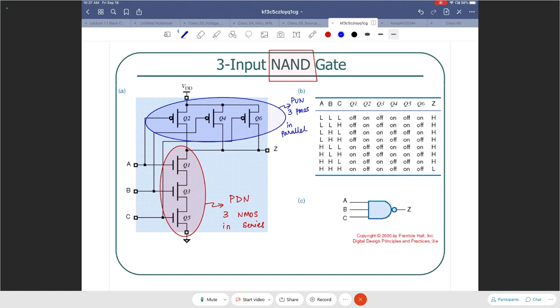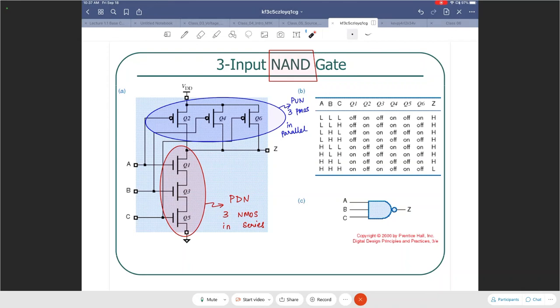And the output Z is connected between the pull down and the pull up network. So the drain terminal of Q1 and the drain terminals of Q2, Q4, and Q6, they're all connected to Z. That's the output.